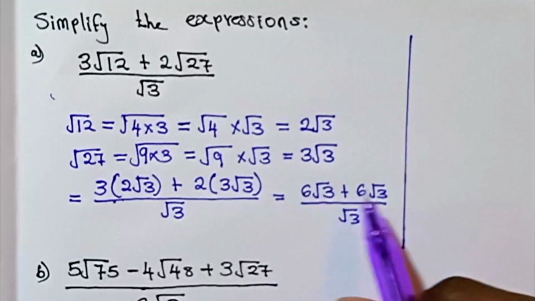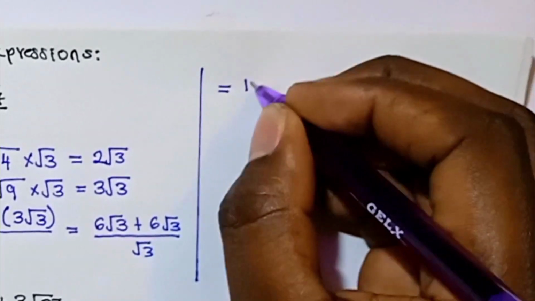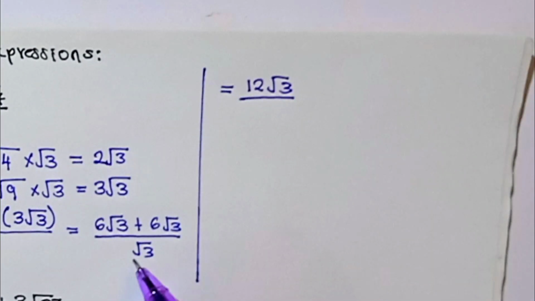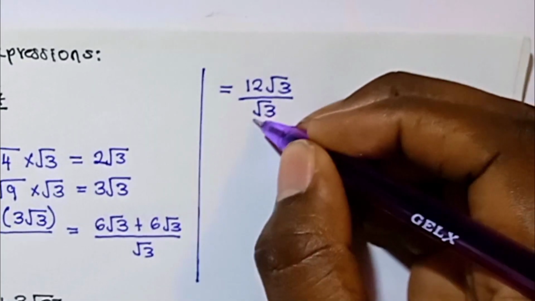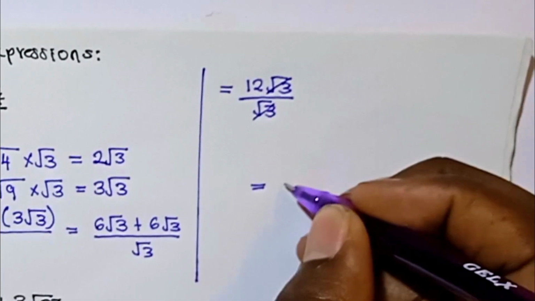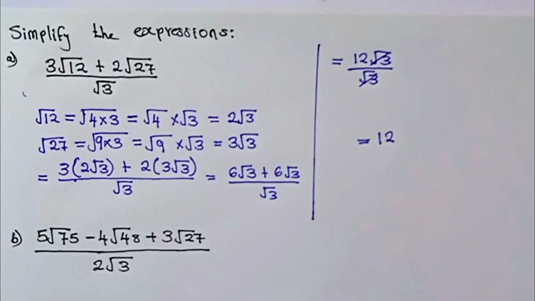So we're going to have 6 plus 6, so the whole of it is equal to 12 root 3 divided by this root 3. This root 3 and root 3 is going to cancel. So the final answer we are going to have is 12. That is the final answer for the first question, question number A.